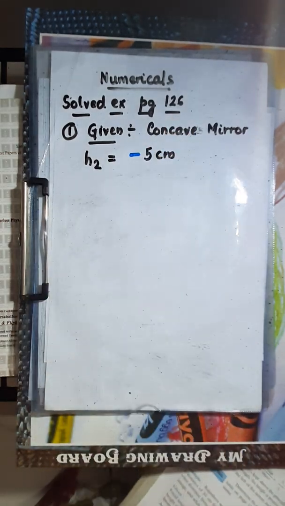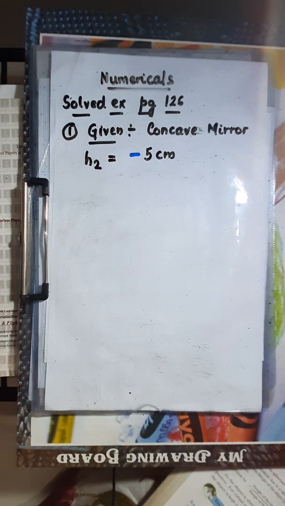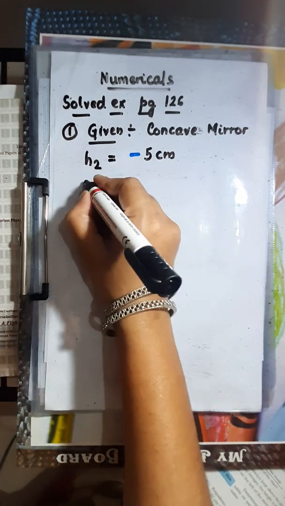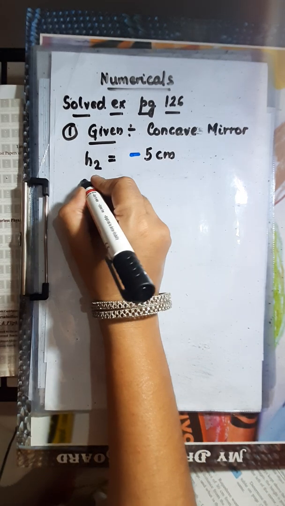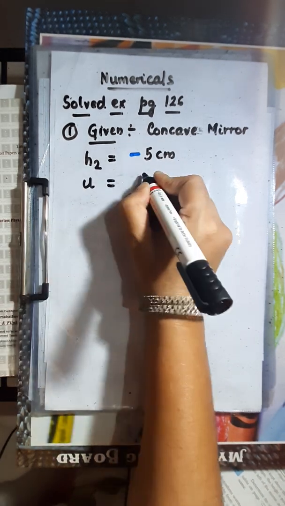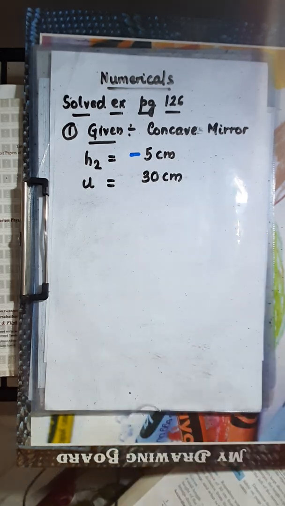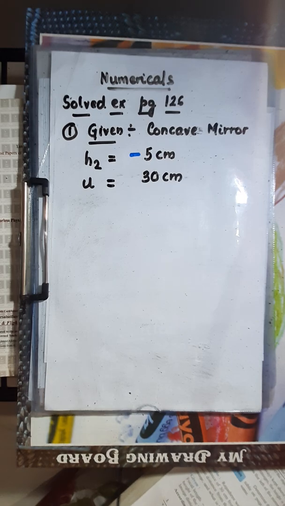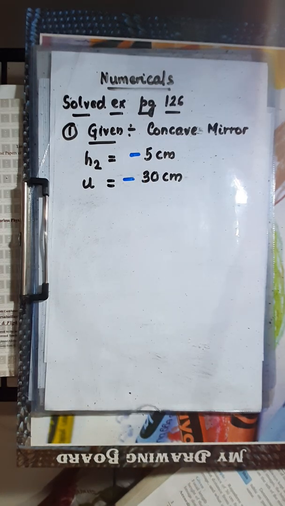The object distance is 30 centimeter. I told you objects are always placed on the left hand side, so u is always negative 30 centimeter.